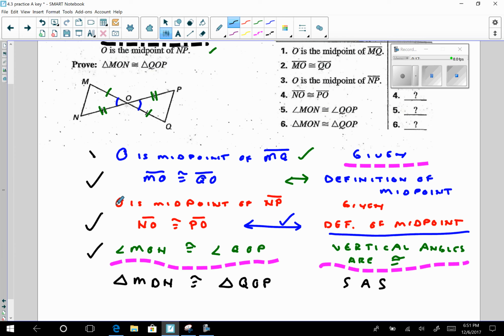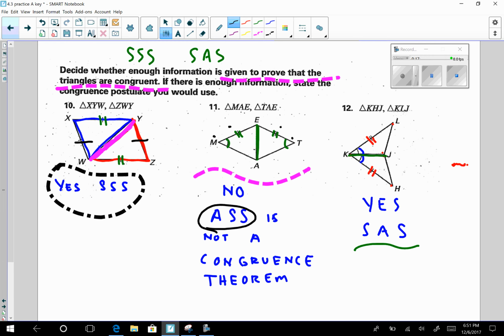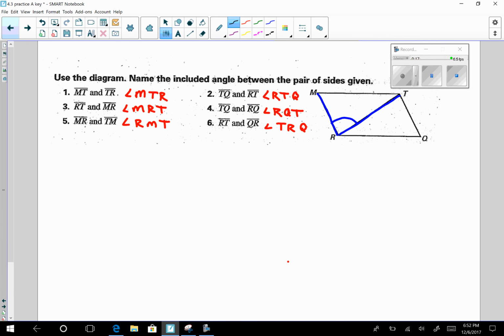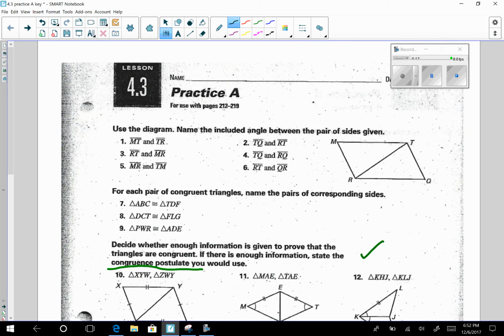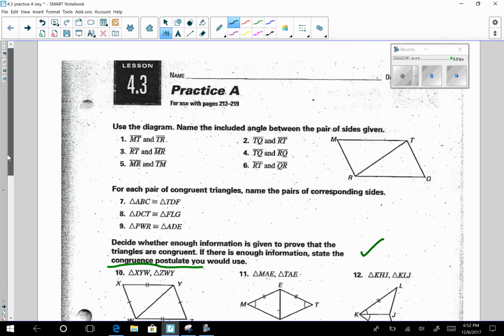If I were to write these steps out, I would write this one first, this one second, and this third, because then it's going to be easier to see that I'm using side-angle-side to prove those triangles congruent. This is the key that we want to study for the retake quiz tomorrow. This is the key for the 4.3 handout.